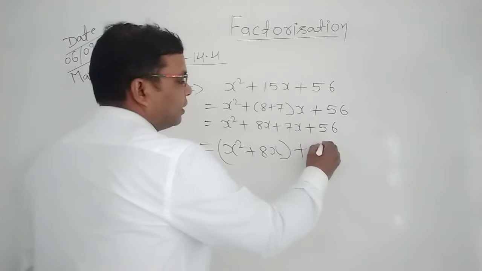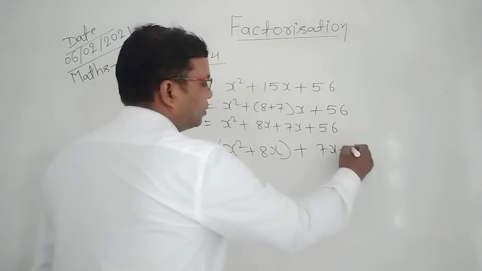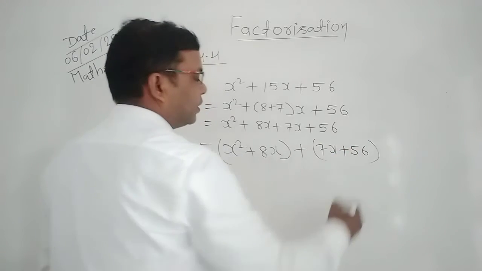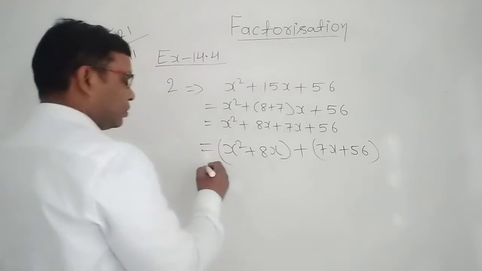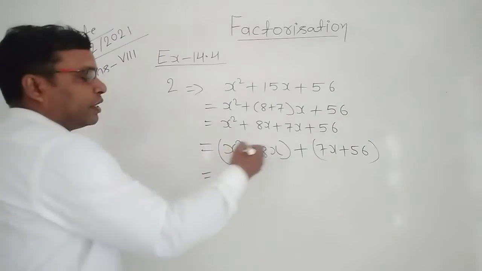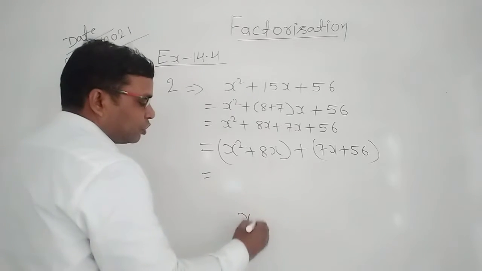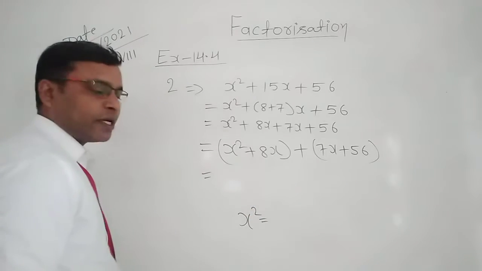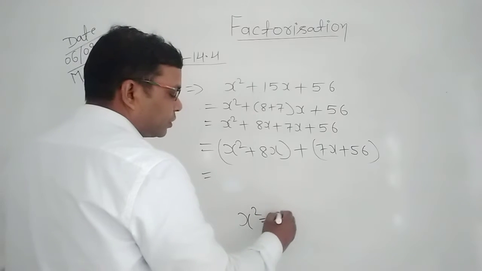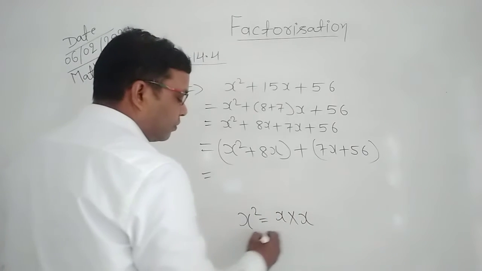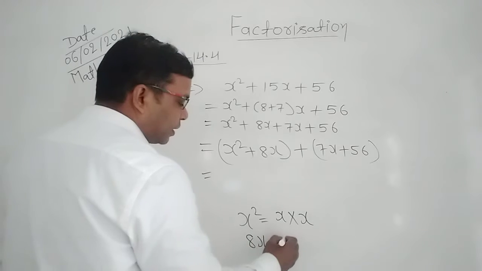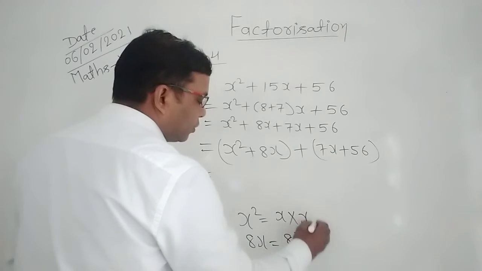Now 7x plus 56, this is the second group. So you can take common x from the first group because you can express x square as the product of irreducible factors. x square is equal to x into x. Clear? Now, 8x is equal to 8 into x.